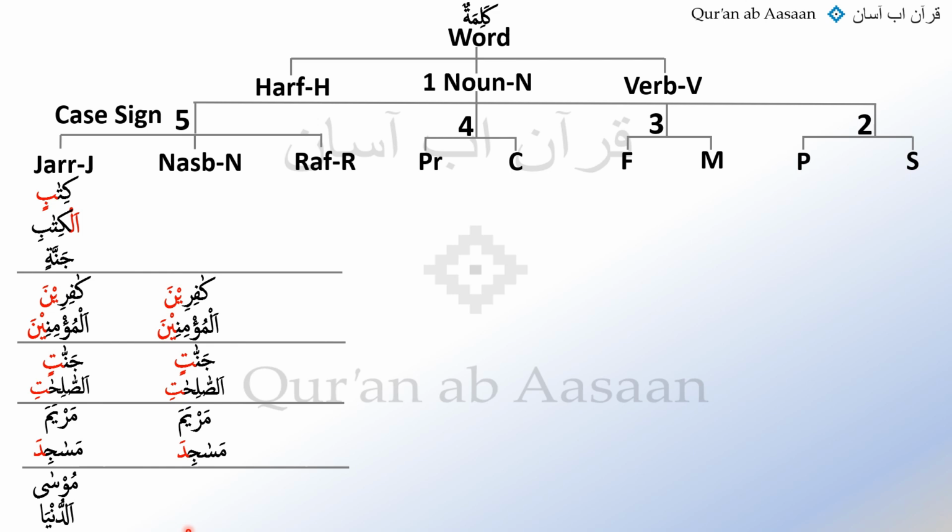So Maryama may appear to be in Nasb, but only if we remember this detail we'll be able to identify the Murakkab Jari. And lastly we have Musa, which appear the same under Raf, Nasb or Jar. There are other Musa type nouns as well, so we have to be very observant.